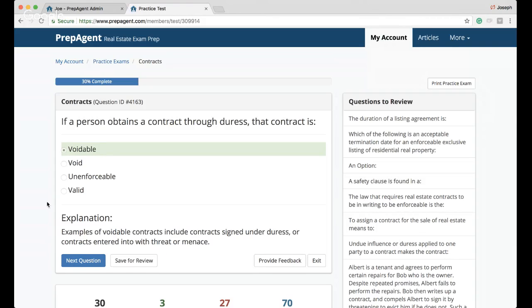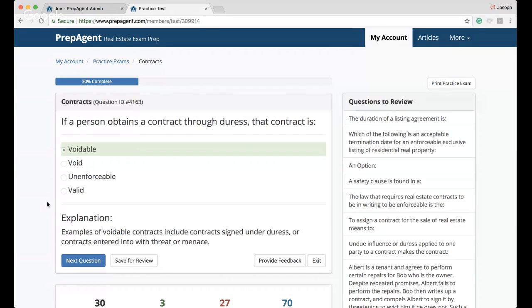Voidable. So whenever you're forced to do something, it becomes voidable. For example, if you wanted to buy a house, and you were looking at houses, and I wanted you to buy another house, and I said, buy that house. You said, I'm not sure. And I held a gun to your head. I said, buy that house, buy that house. I'm threatening you. You're under duress.